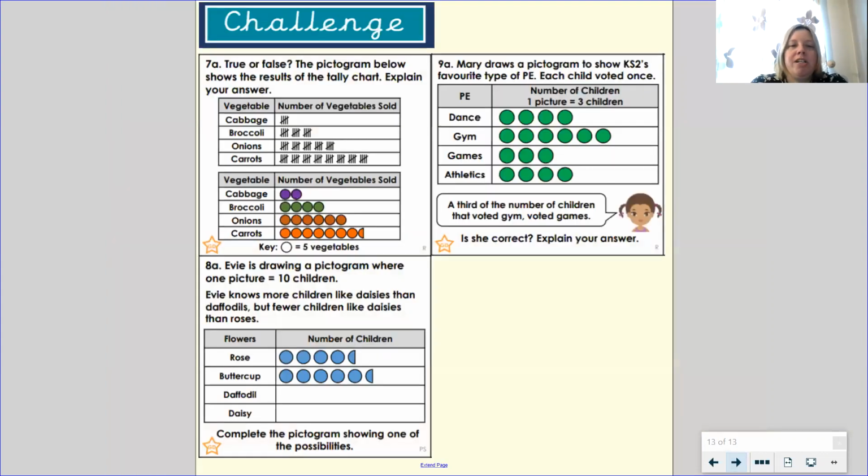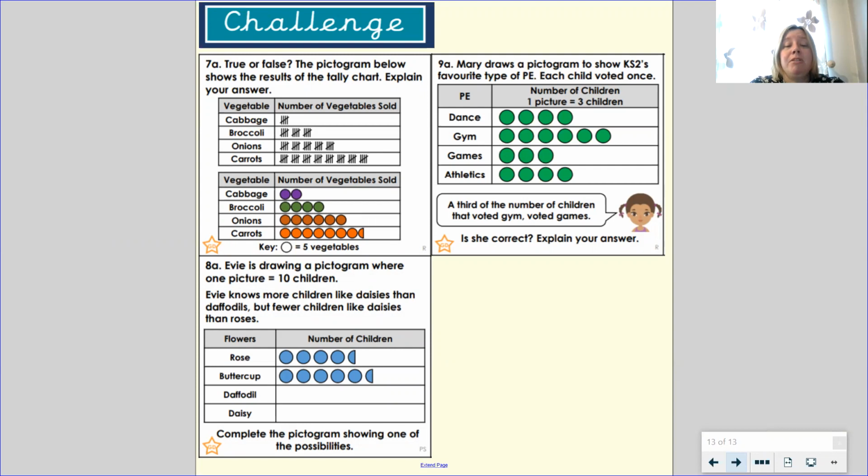Finally, your challenge questions. Question 7, true or false? The pictogram below shows the results of the tally chart. Explain your answer. Question 8, Evie has drawn a pictogram where 1 picture equals 10 children. Evie knows more children like daisies than daffodils, but fewer children like daisies than roses.